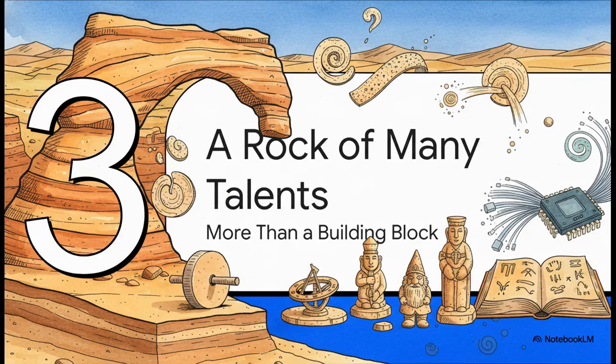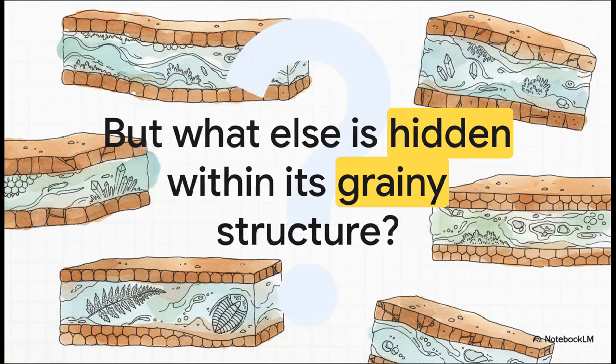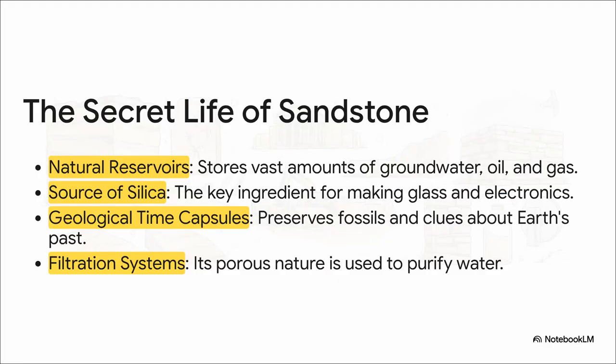But you know, the story doesn't end with buildings. Not at all. Sandstone is a rock of many talents, and it plays some surprising and really critical roles in our world that go way beyond just being a simple building block. So we know it's made of grains and some mineral glue. But what else is hiding in those tiny little spaces between the grains? The answer, it turns out, is pretty amazing. The secret is that it's porous.